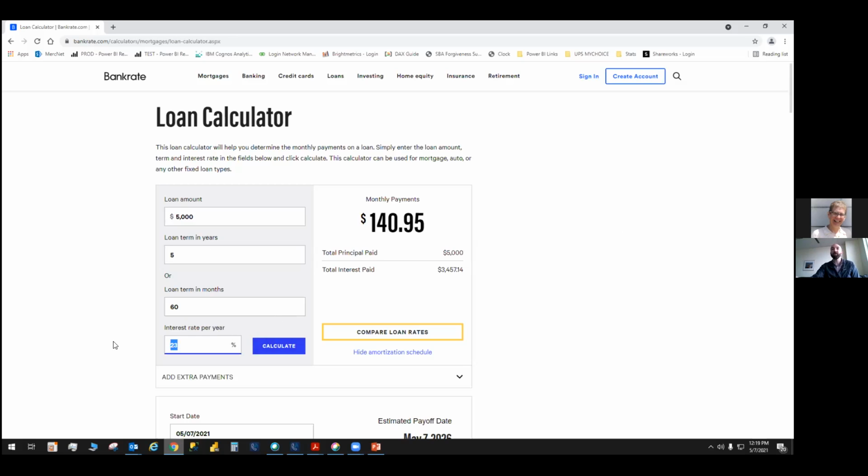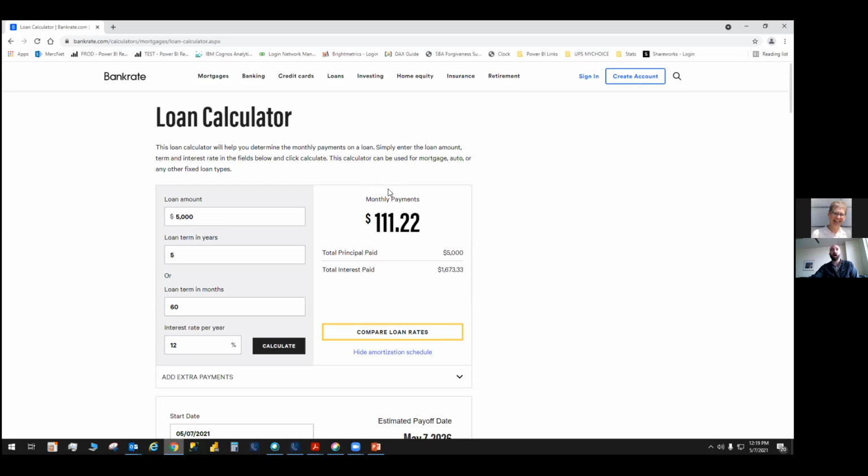So what I'm going to do is, let's say in this scenario, I've managed my credit history and my loan payments and my debt so well that I have access to the very lowest rates. So let's change that from 23 to 12%. And I want you to see what happens. I didn't change the term, still 5 years.